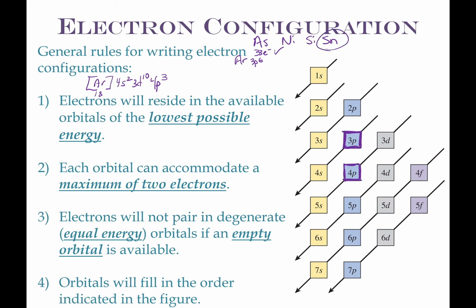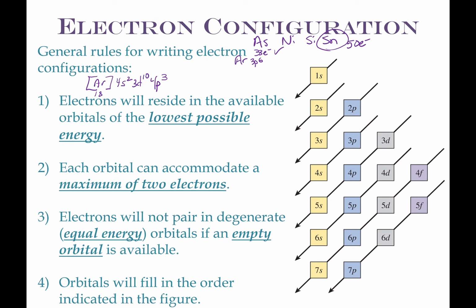So tin is number 50. If I look at my diagonal rule here, where am I starting? 50 electrons for tin.